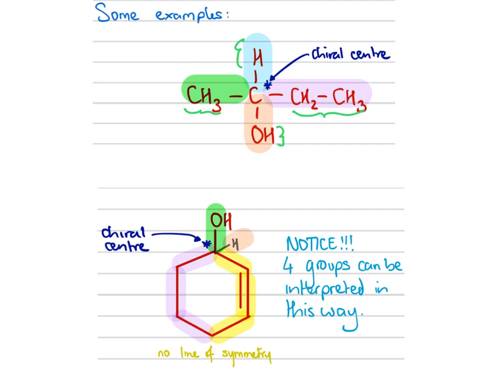Okay, so we have 4 different groups attached to the carbon. That is going to mean that carbon is a chiral center, and that this molecule will exhibit optical isomerism.